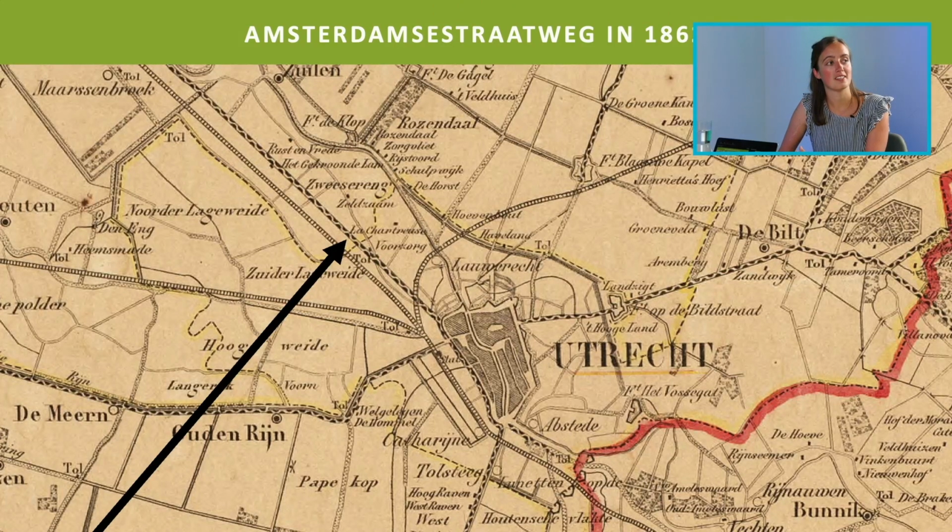So the route is entirely straight. There are no curves, no bends, because he wanted to build the most direct route as possible. So he wasn't content with the existing roads, so they developed this new road. In Utrecht it's like 5 kilometers, but it continues all the way to Amsterdam.